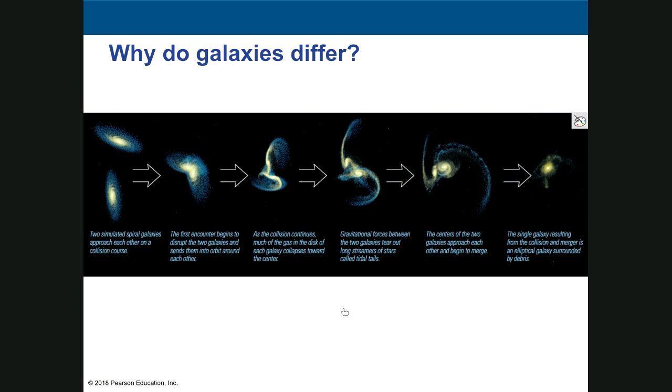Interesting fun fact: the distances between stars are so great that the chances of individual stars colliding during this process are virtually zero. The gases collide, and that's what happens, but the stars themselves don't actually collide. They might get thrown away, they might get ejected, but they won't collide.